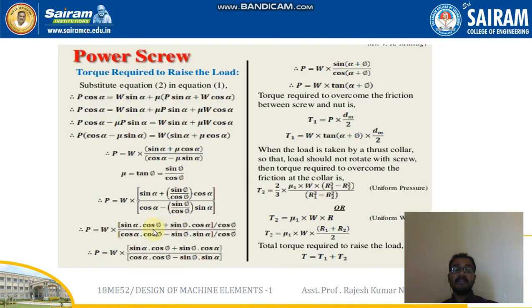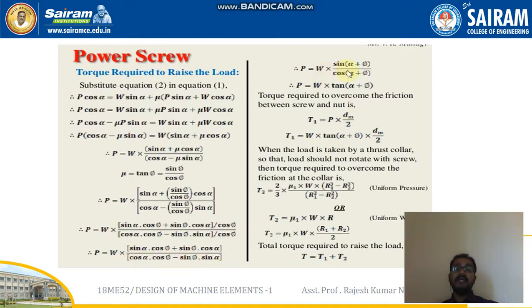Let me multiply by cos phi everywhere. Sin alpha into cos phi plus sin phi into cos alpha, divided by cos alpha into cos phi minus sin phi into sin alpha. So after cancelling, because cos phi gets cancelled, I'll be getting P equal to W into sin alpha cos phi plus sin phi cos alpha divided by cos alpha cos phi minus sin phi sin alpha.